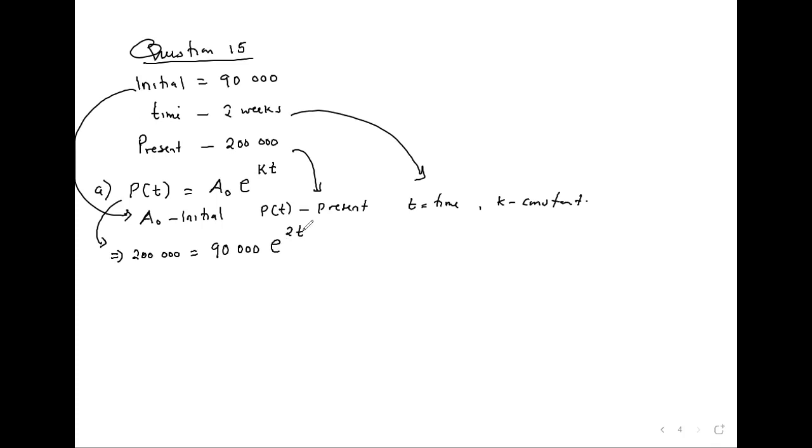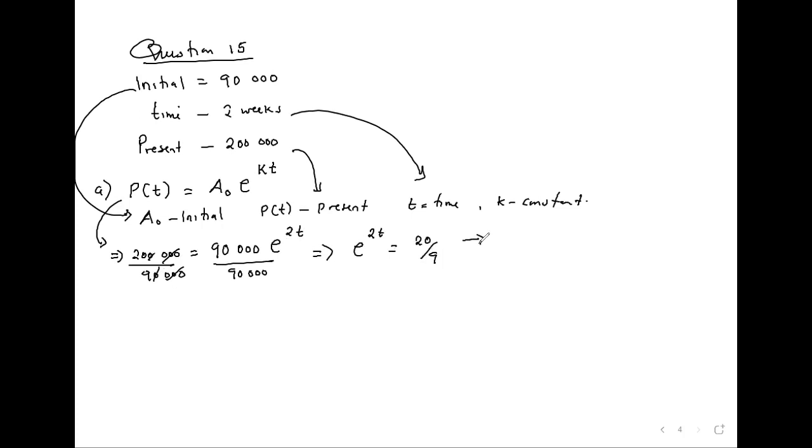Then we know that if we divide by 90,000, these zeros will go, so we'll have a simple equation. e to the power 2K is actually equal to 20/9.